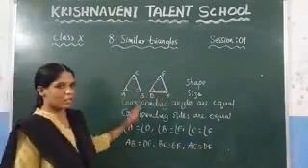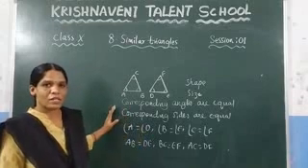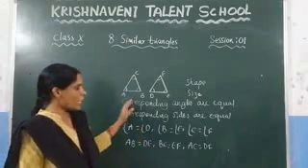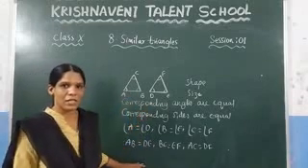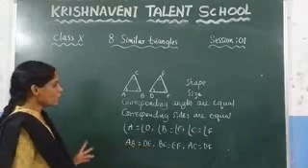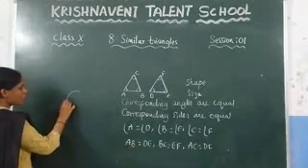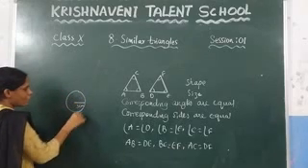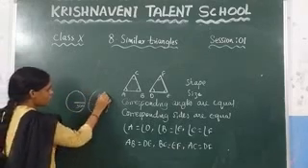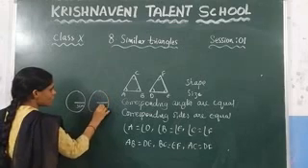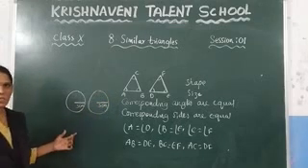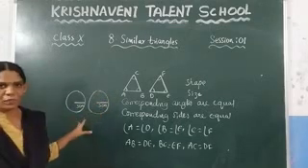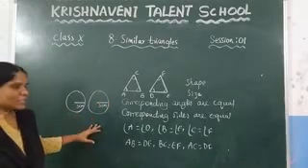That means if you are given any two figures, then what is the condition? The corresponding angles must be equal and the corresponding sides are also equal. If you take the example, let us consider a circle with 3 centimeters as the radius. Let us consider one more circle with 3 centimeters as the radius. Here you can observe that these have the same shape, which is a circle, and the same size also.